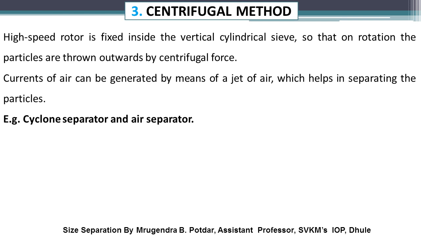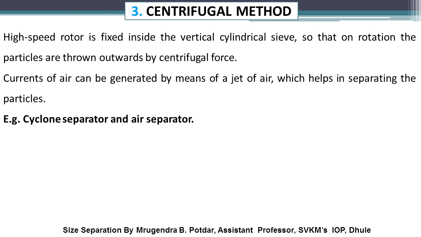A current of air can be generated by means of a jet of air, which helps in separating the particles. For example, the cyclone separator and air separator. These are the different separators used for particle size separation by using centrifugal force.